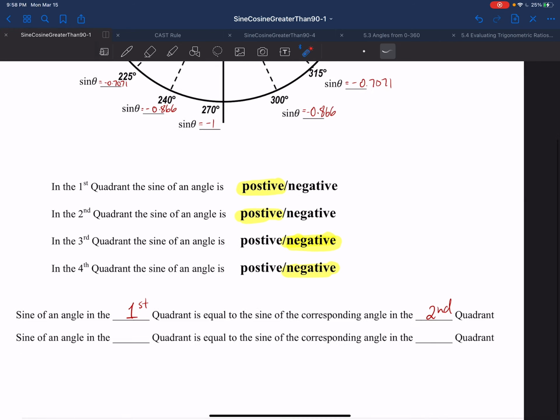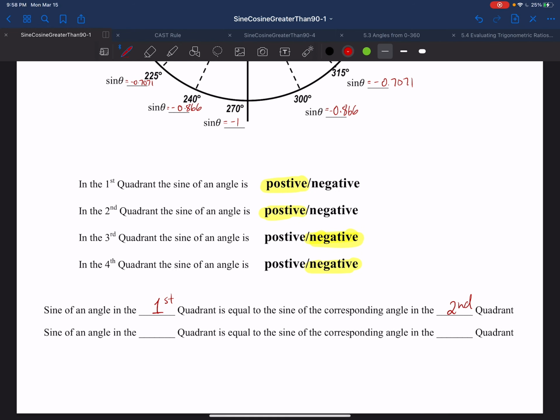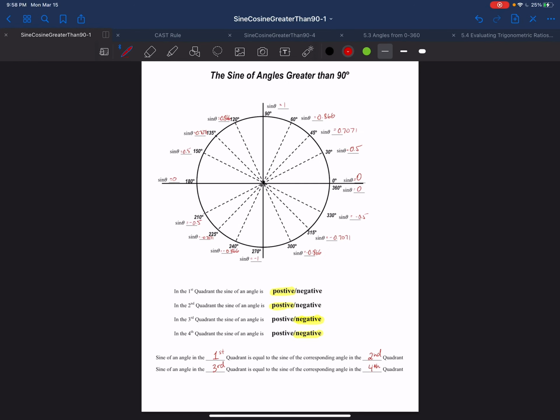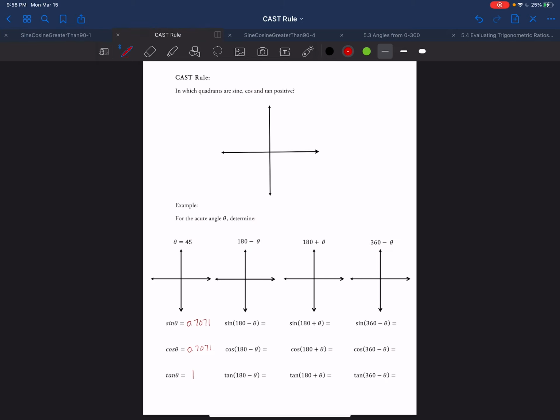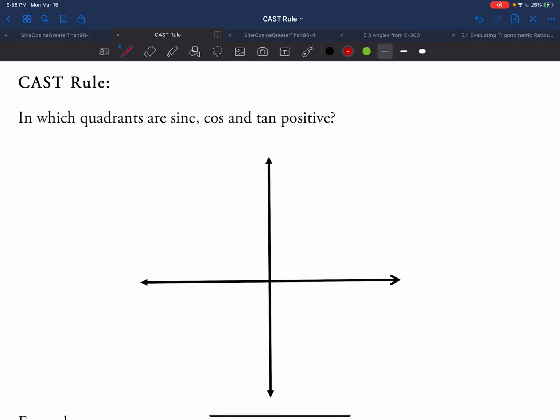The sine of an angle in the third quadrant is equal to the corresponding angle in the fourth quadrant. Okay, and then you're going to do these again for sine, cos, and tan, and you'll see where they're positive and negative. Just to save time, you guys can do those, but what you're going to find is that all of the ratios, sine, cos, and tan, are positive in quadrant 1.